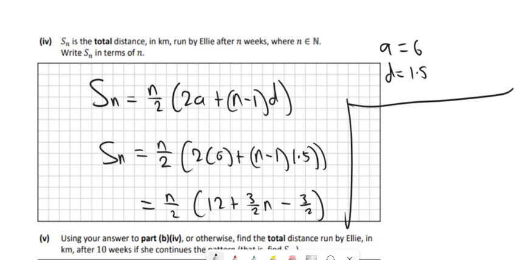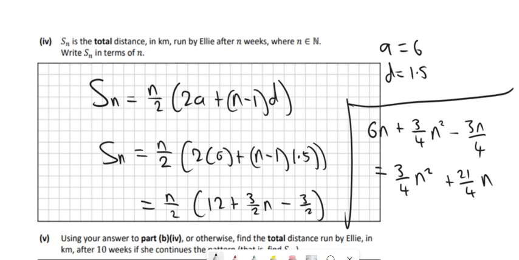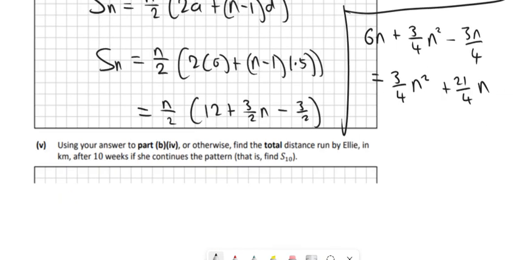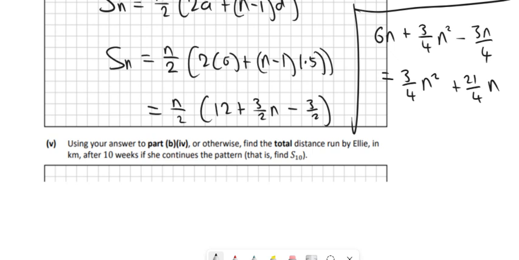If I multiply the n over 2 into everything, we get that.